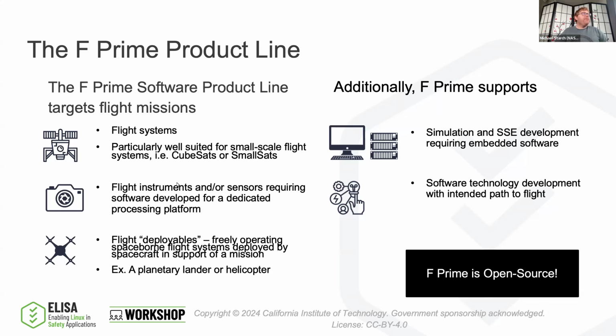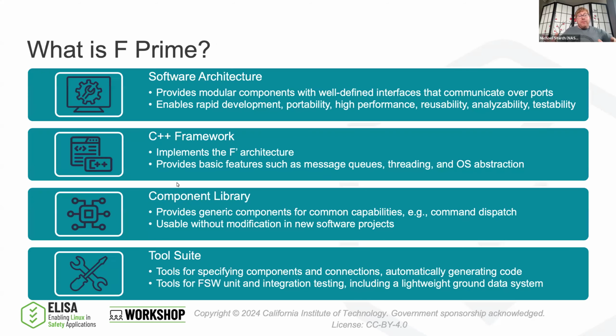And a lot of our project focuses on keeping that F Prime piece that is open available, supported, and useful to users. So how does F Prime decompose? It is these four primary pieces. One, it's a software architecture. Our architecture is point to point, so we have modules, which we call components.